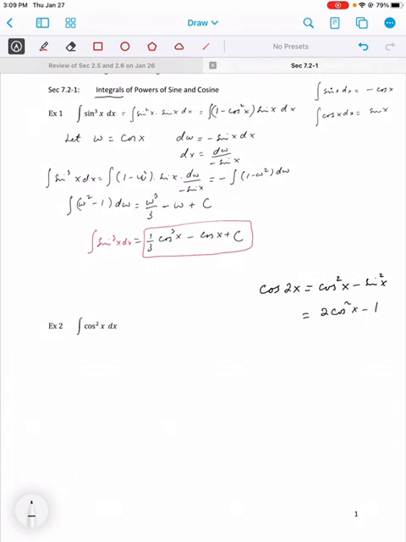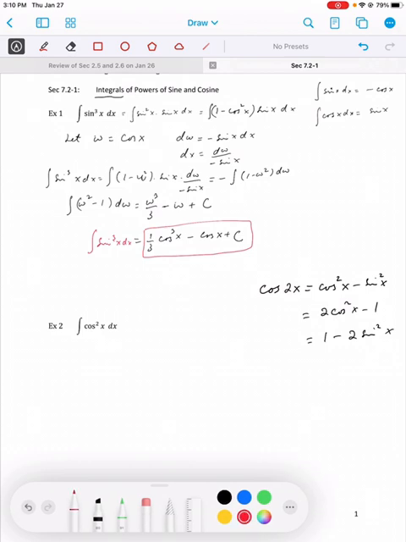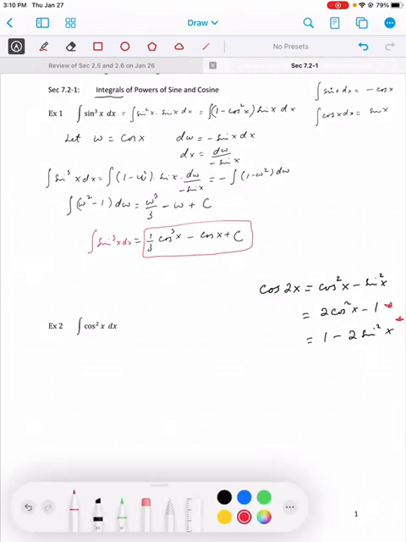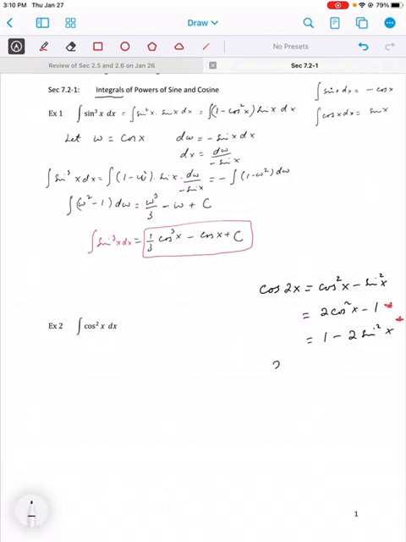So we can use these two to find out what cosine squared looks like and what sine squared looks like in terms of cosine 2x. From the first one, you can see we get 2 cosine squared x equals 1 plus cosine of 2x, so that cosine squared x is equal to 1/2 plus 1/2 cosine of 2x.